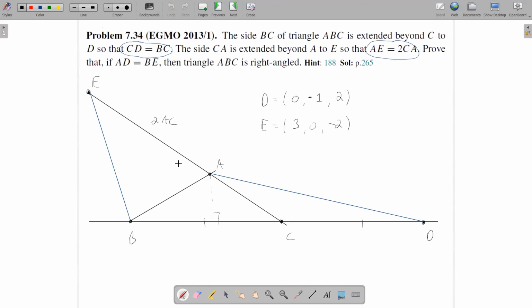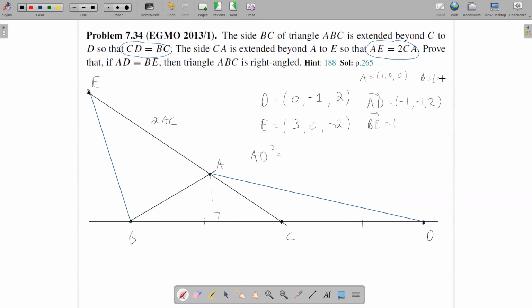And with this distance formula, importantly, we can use it here. For AD, for example, AD squared will equal, first we find the displacement vector AD. Since A is 1, 0, 0, this is 0 minus 1, minus 1 minus 0, 2 minus 0.